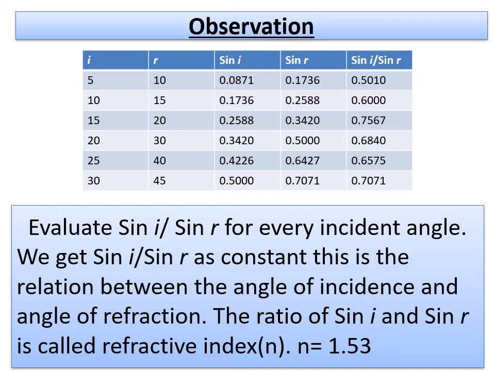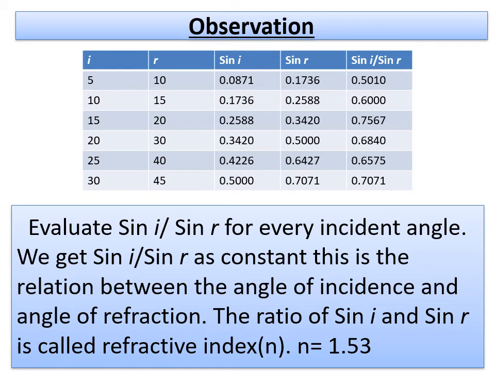When I is 30 and R is 45, the ratio of sin I by sin R is 0.7071. If I take the average ratio of sin I by sin R, it is 0.65107. So keep that in mind.